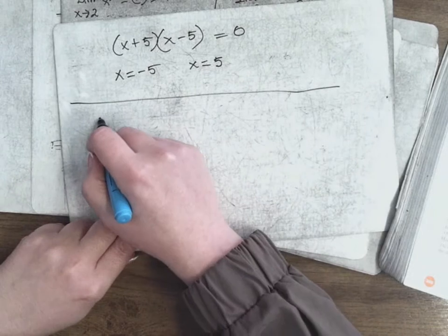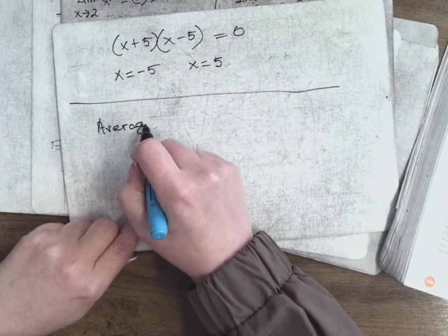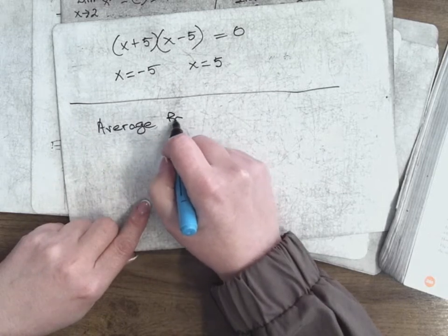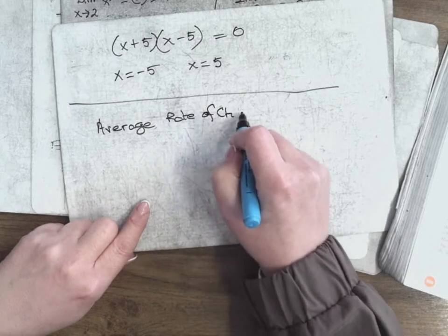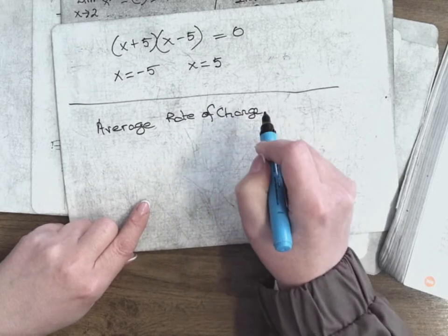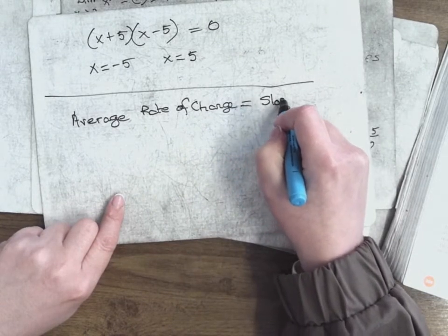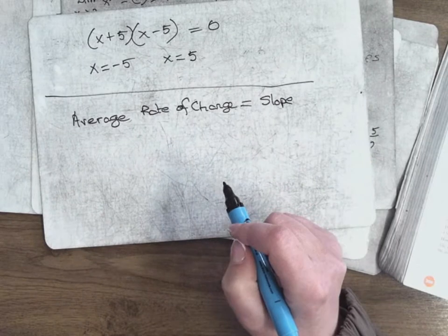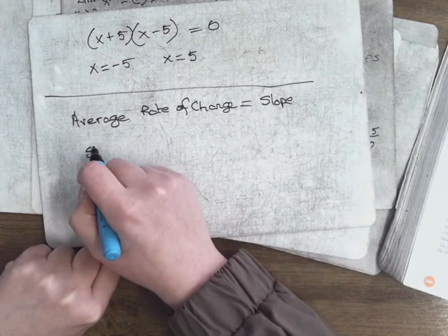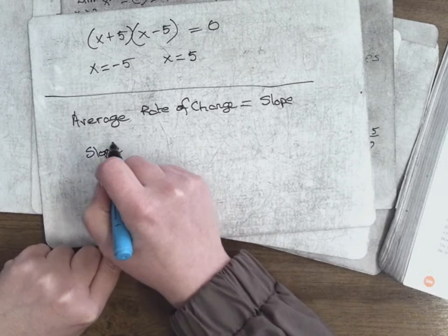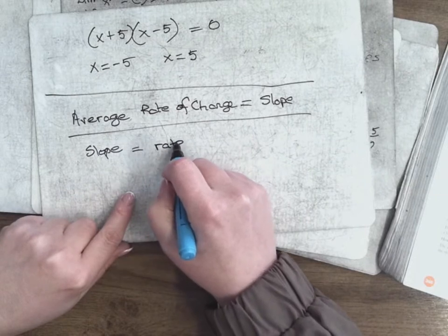I'm going to say average rate of change is equal to the slope. So when you're getting the slope of the line, you're actually getting the rate of change of y. So the slope is equal to the rate of change of y with respect to x.